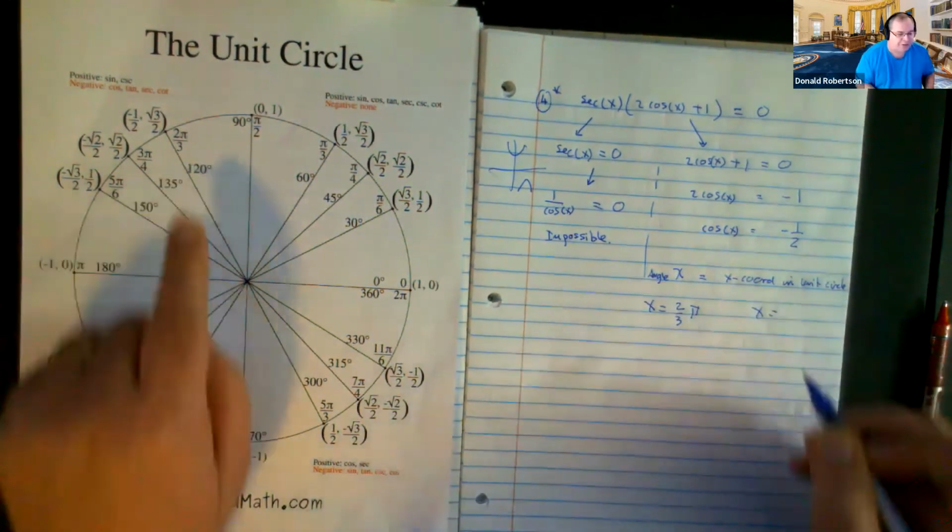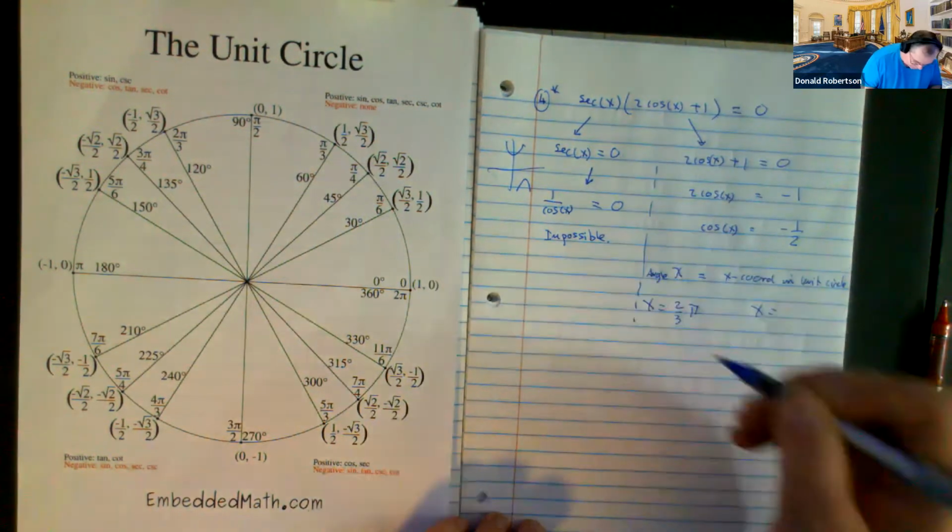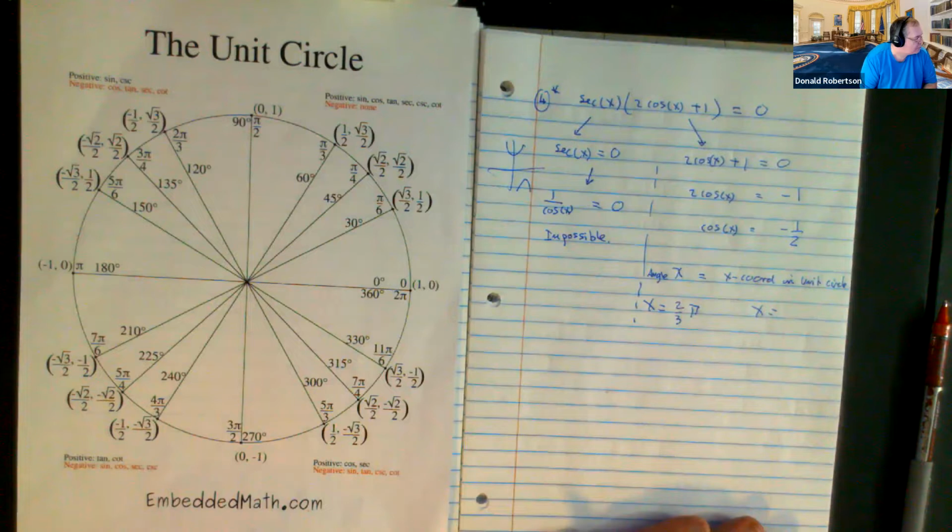Where is the other place in the unit circle whose x coordinate is -1/2? Where is the other place in the unit circle which has an x coordinate of -1/2? What angle is that?